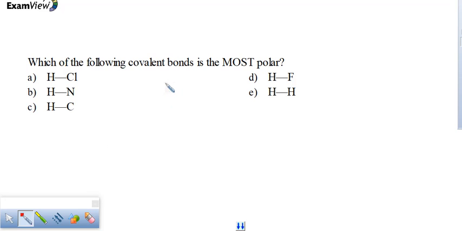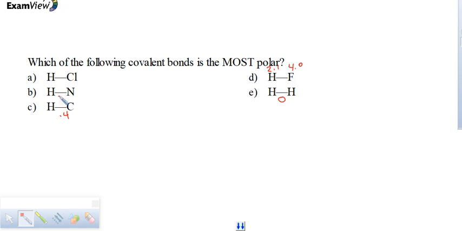Which of the following covalent bonds is most polar? Most polar would be the largest electronegativity difference. So if you look on the chart, the answer is going to have to be D, because hydrogen is 2.1 and fluorine is 4.0. See, this is going to be 2.1 minus 2.1, or 0 difference. This is going to be a small amount, probably 0.4 difference.